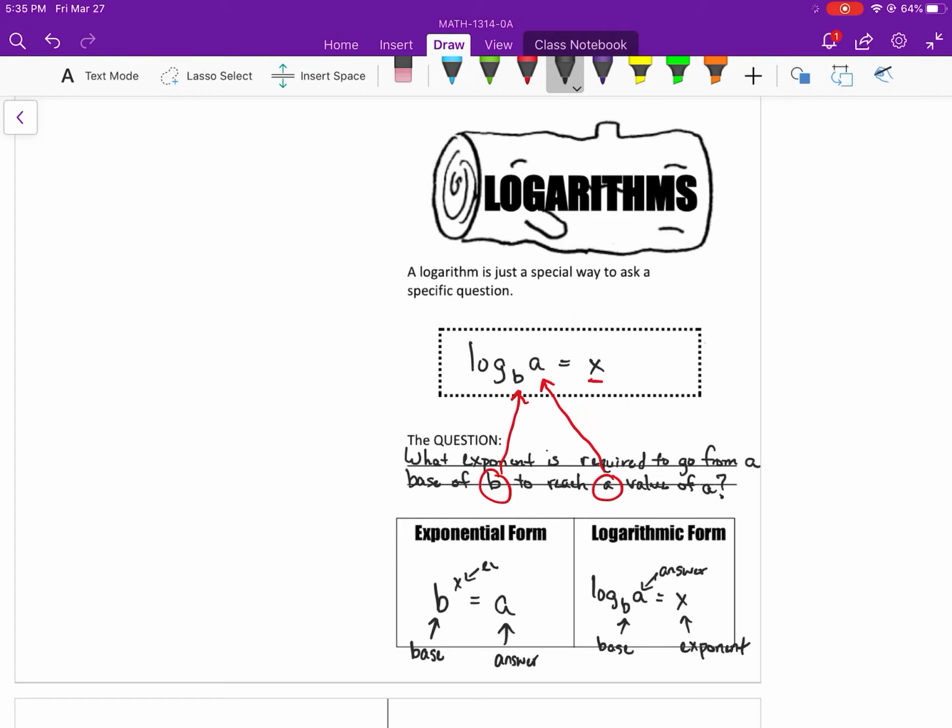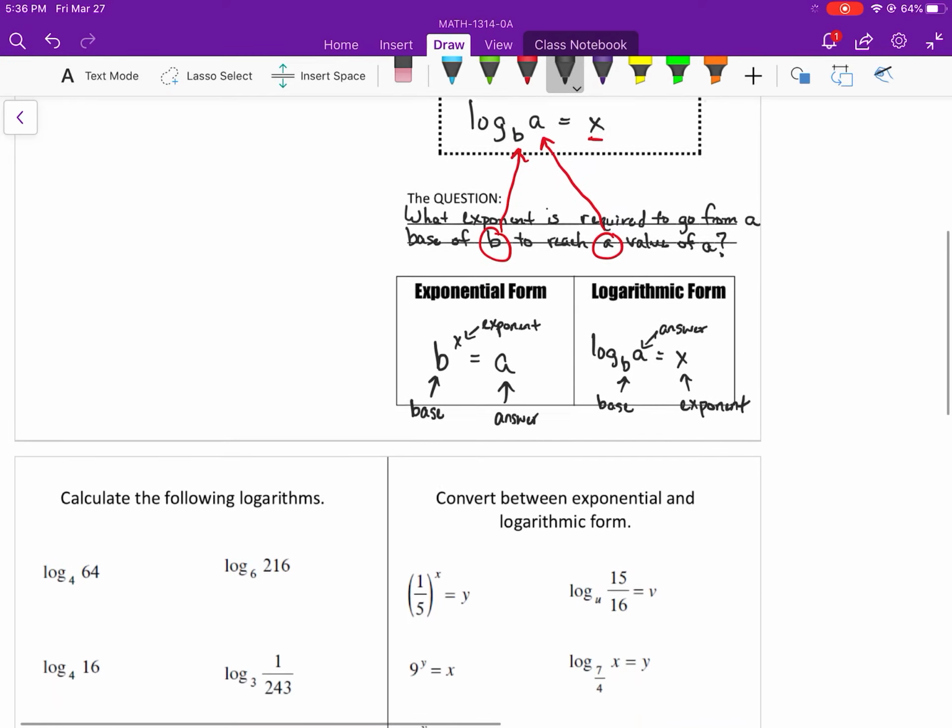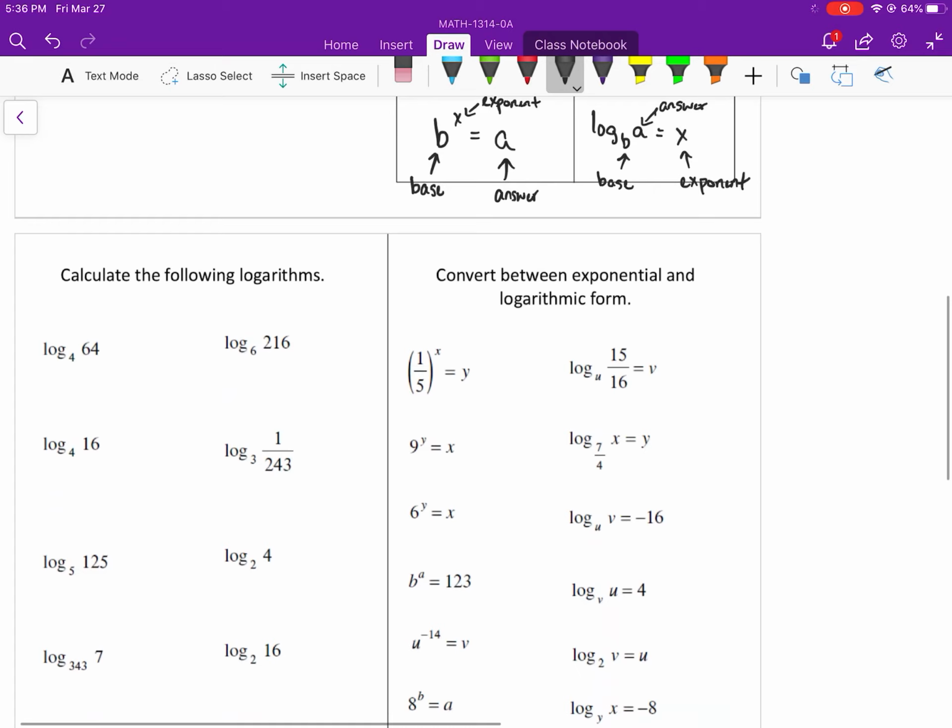A stands for the answer, and x is my exponent. Again, those are equivalent to each other, just one is in exponential form where the other is in logarithmic form.